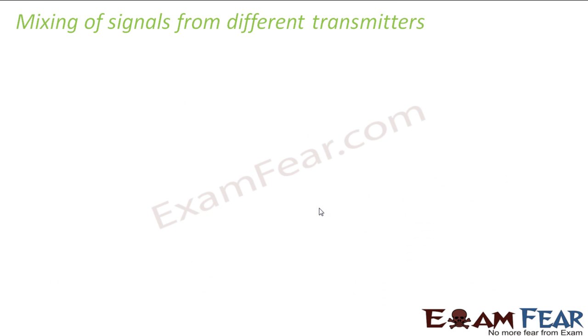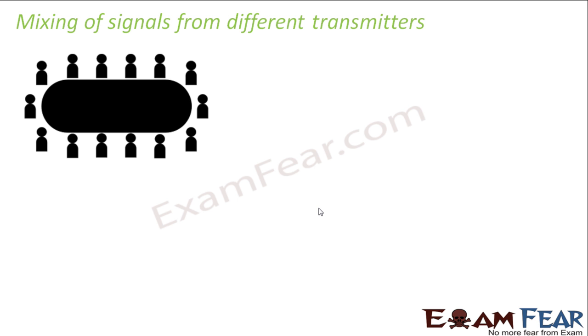Okay. So let us now look at the third factor, which says mixing of signals from different transmitters. So what mixing is it talking about? Now forget about transmitters. Let us look at an example and try to understand the concept behind this factor. Let us suppose you are sitting in a conference room or a meeting room where quite a number of people are sitting, right?